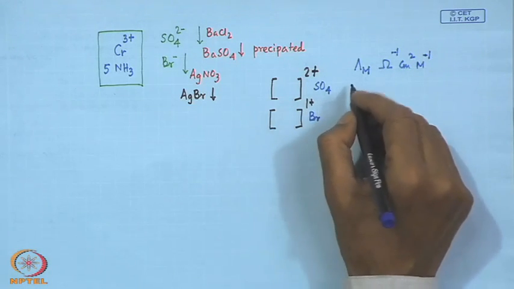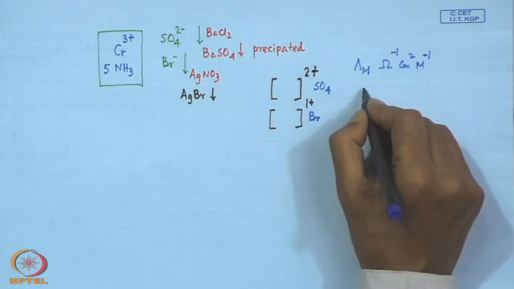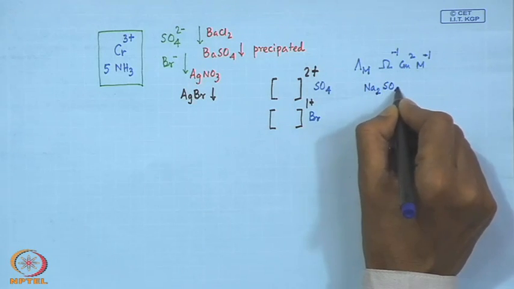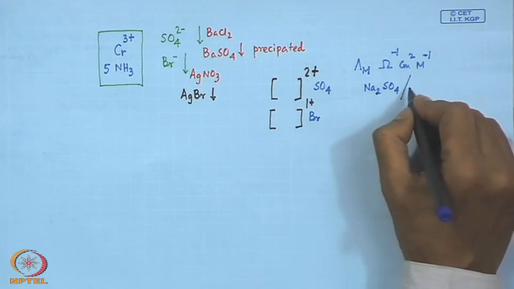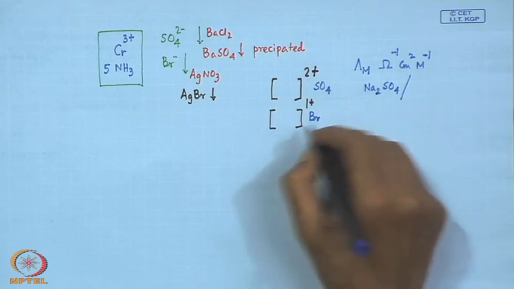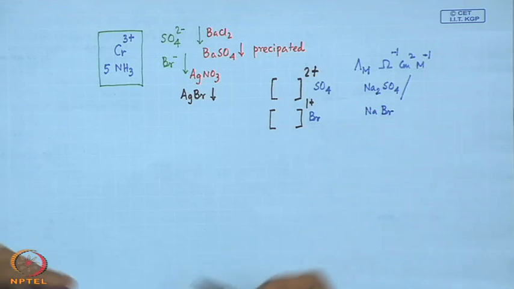So, this particular one will show an electrolyte behavior equivalent to that of Na2SO4 or another bivalent cationic salt of sulphate, and this one will behave as sodium bromide.